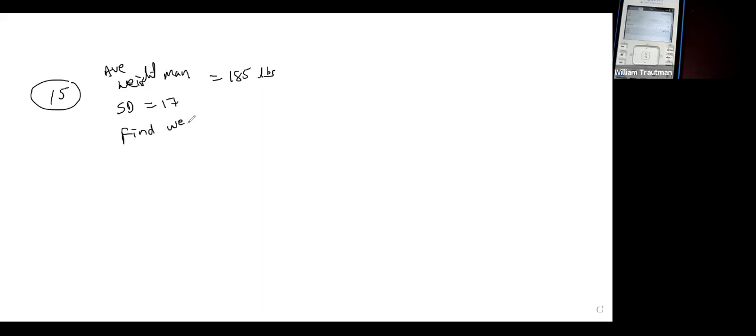Find the weight of a man whose Z-score is 2.2. So I'll give you a second to try to find that answer, and then we'll go over it. Type your answer in the chat box if you can. If you dare.